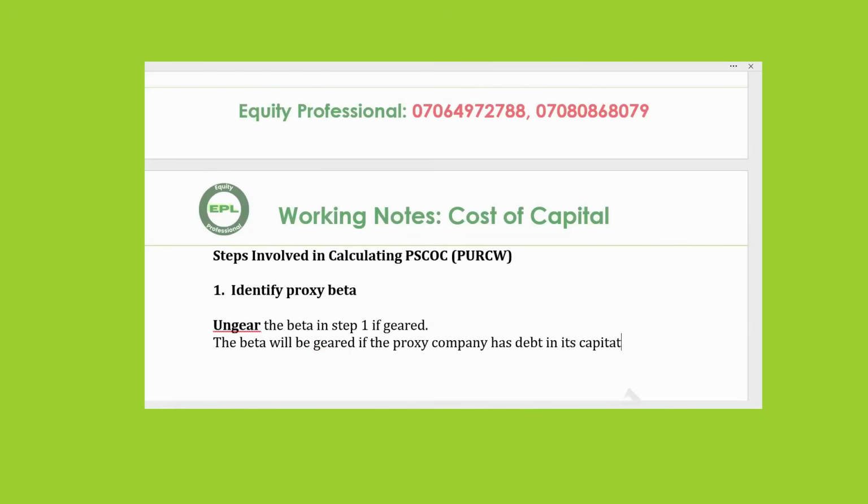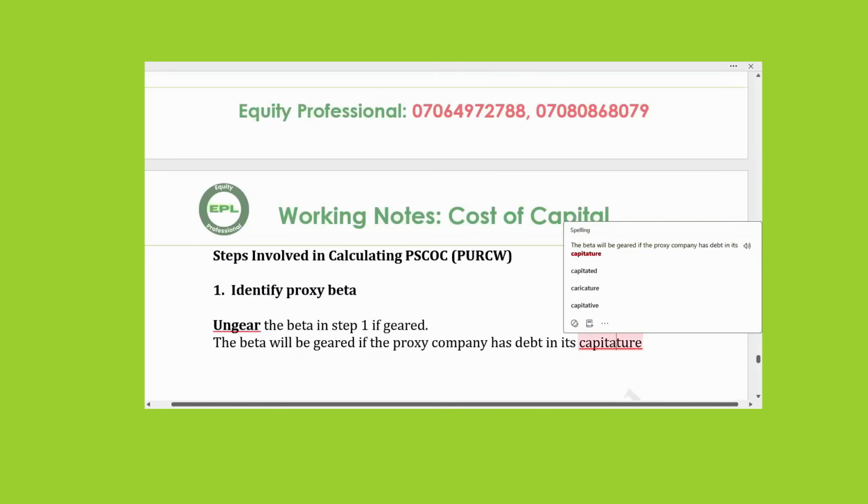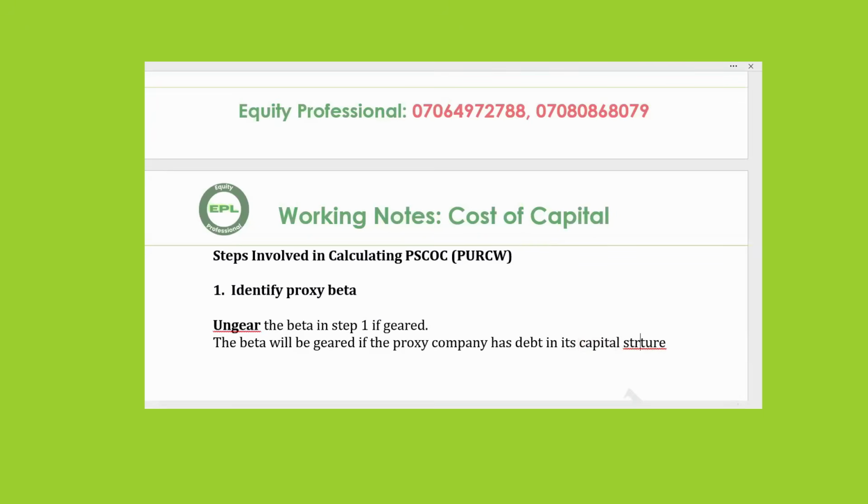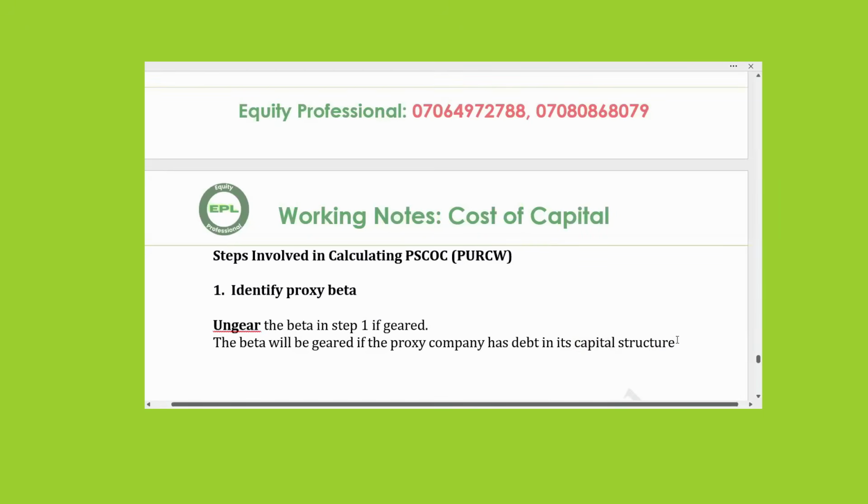So when you can see any element of debts in the company's capital structure, it means that the beta in step 1 is geared.